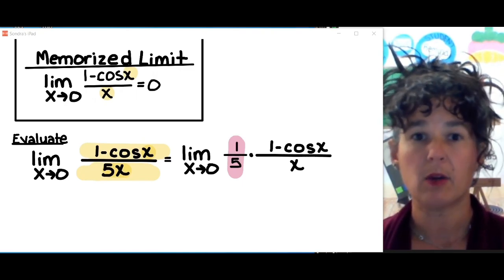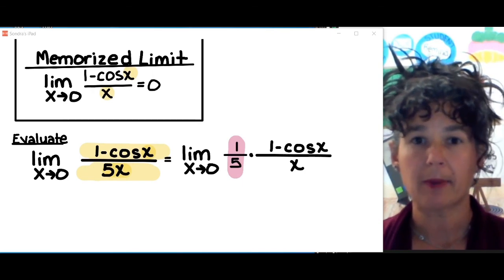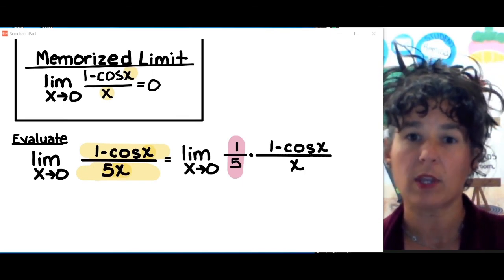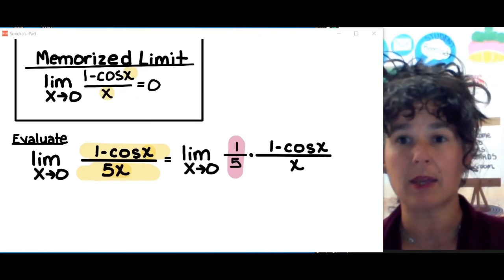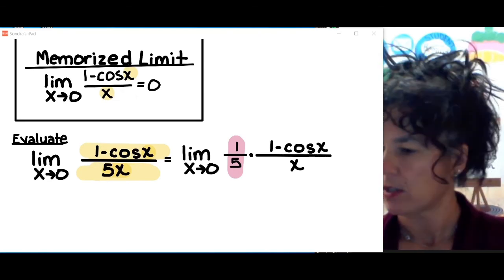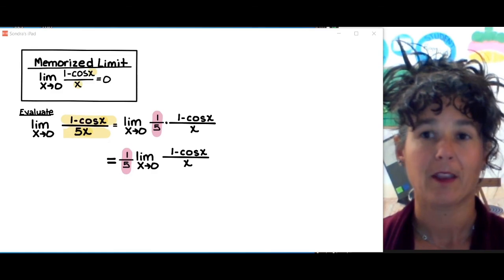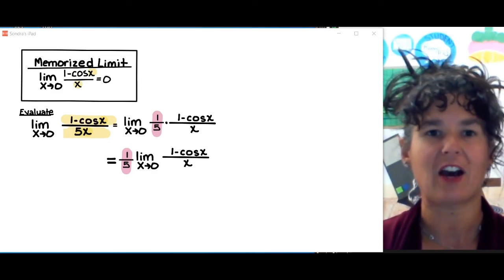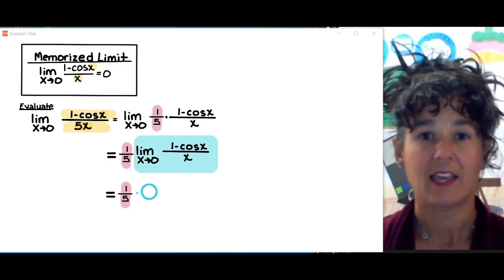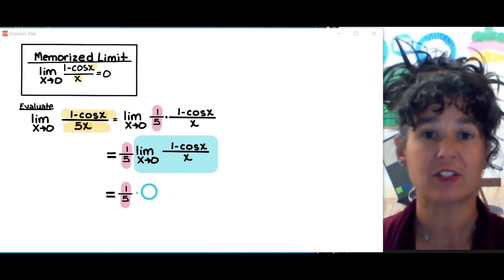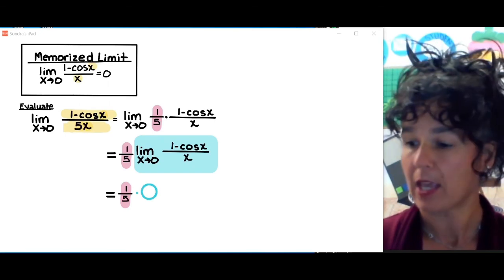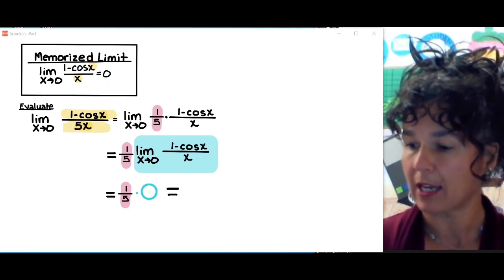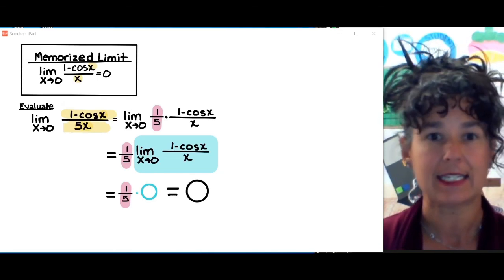We have some limit rules, and if we're multiplying by a constant, our rules say that we can move that constant out front, evaluate the limit, and then multiply it back together. Rewriting it with 1/5 out front, it looks like this. The answer to the limit as x goes to 0 of 1 minus cosine x over x is our memorized limit, so that equals 0. And 1/5 multiplied by 0 is 0.